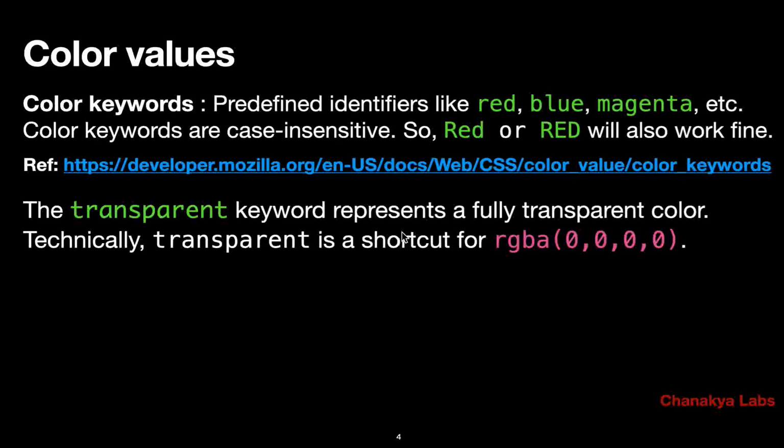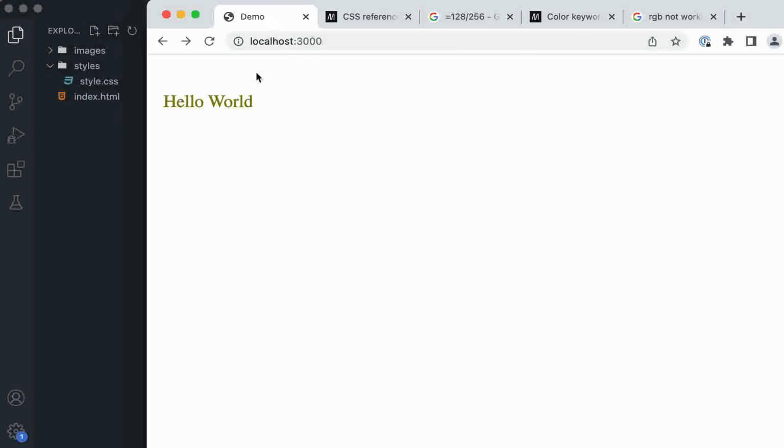And we'll see that later. Let's say you set some background color of this whole thing, and then you set the text color to transparent, then the text will not be visible. Or let's say there are two layers, one on top of the other. We'll see that later.